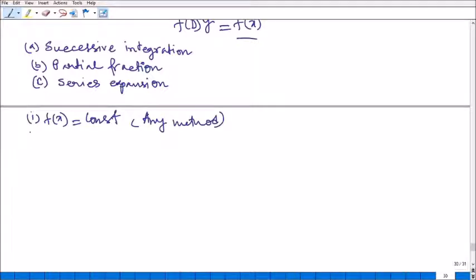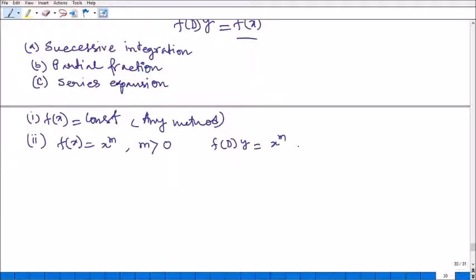Now if the function has the form, suppose f of x is equal to x to the power m, where m greater than 0, that means m is a positive integer, so it is either m equal to 1, 2, 3. So the non-homogeneous differential equation is f of D operating on y equal to x to the power m.